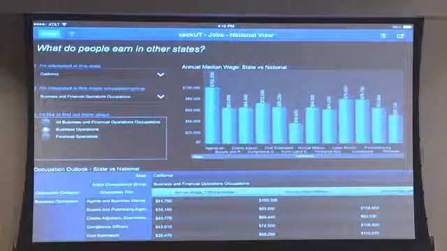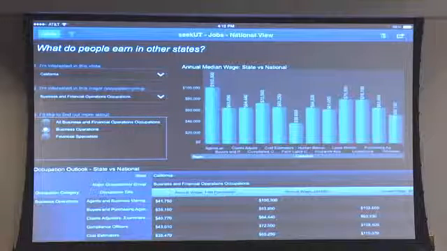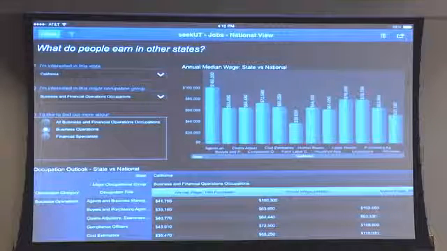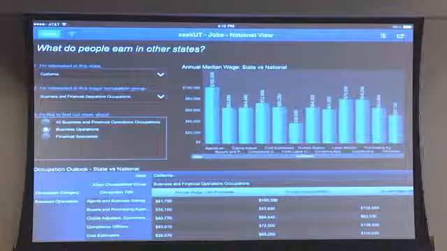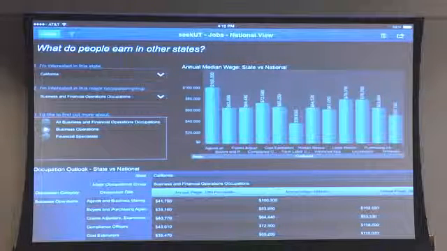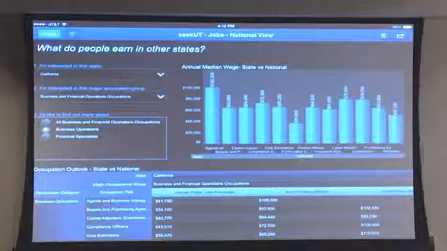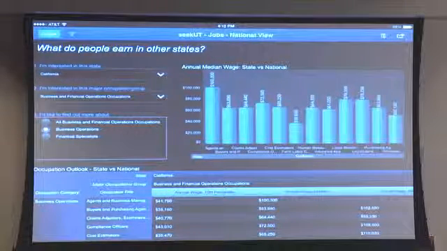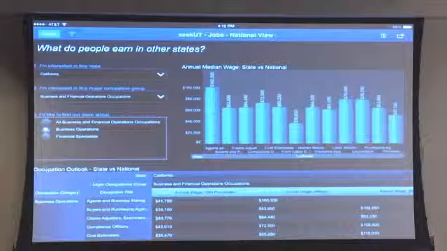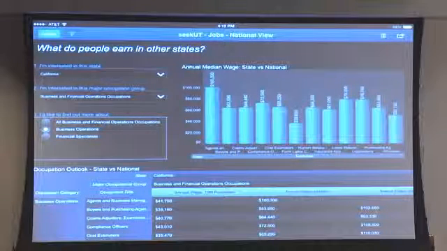And then one of the issues that we've had in matching our student educational records with employment data is we can't match it with data that's outside of Texas because that's not available now at the individual level. So we provided this information from the Bureau of Labor Statistics about what people earn in other states to provide some context.